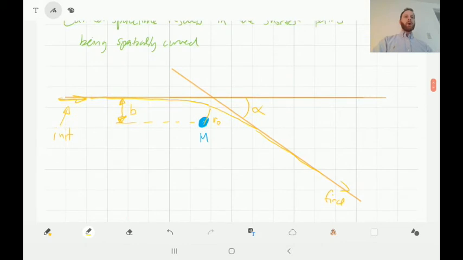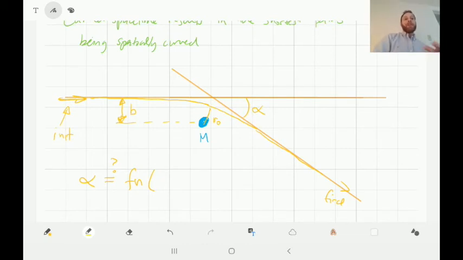Okay, so you might guess what the final answer has to look like. Let's think about what this means. If we want to know what alpha is, given all the things we have at our disposal, you imagine this is going to be a function of the mass of the object, but it's a gravitational effect, so there's got to be a G in there.